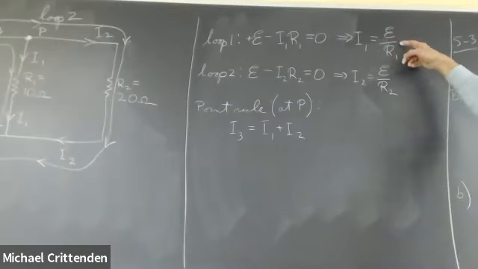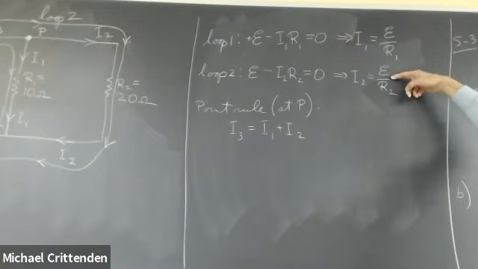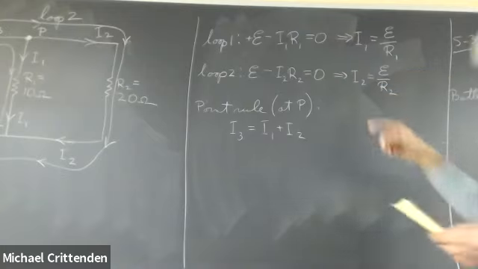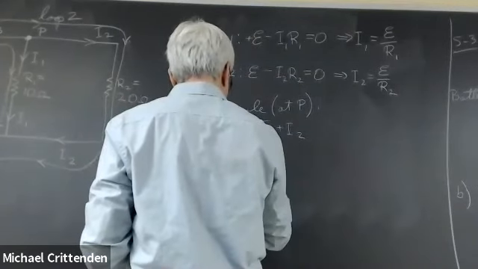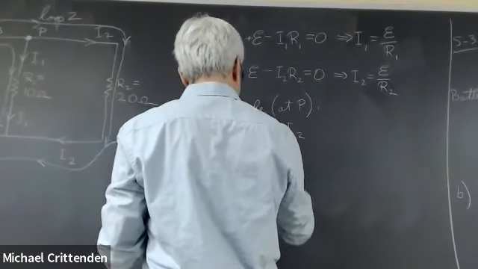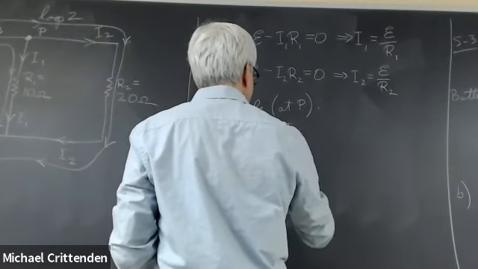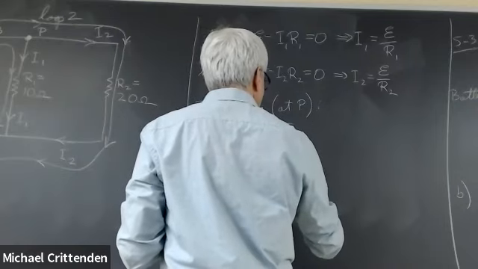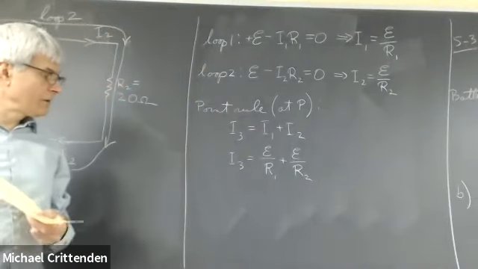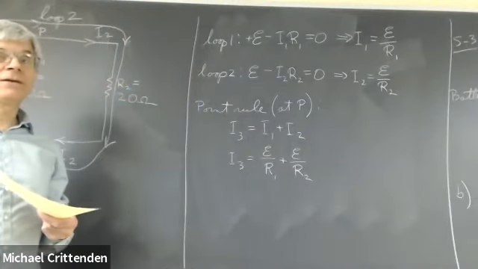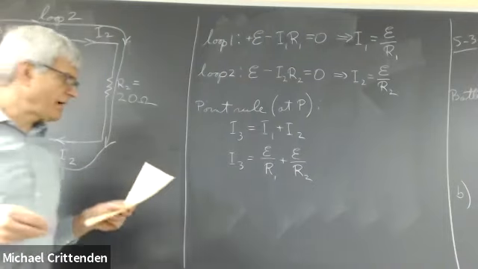Substitute in the thing that I1 equals for I1, substitute in the thing that I2 equals for I2. And once you've got that written down in front of you, you notice that the EMF, the script E, is a common factor, and you could factor that out.